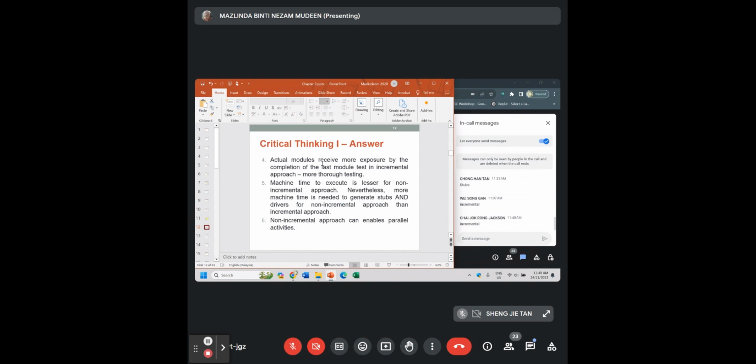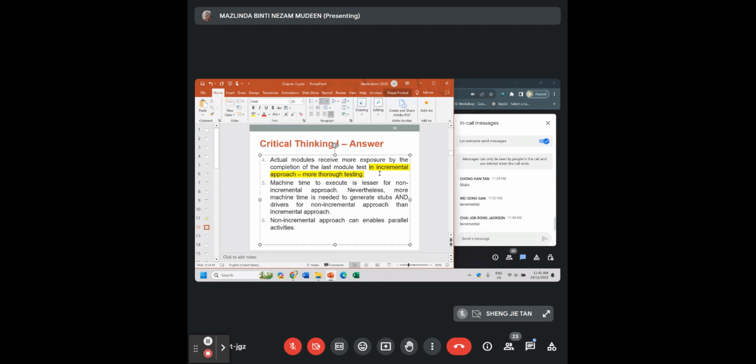Actual modules receive more exposure by the completion of the last module task in incremental approach. So in incremental approach, each of these modules goes through more testing compared to non-incremental.